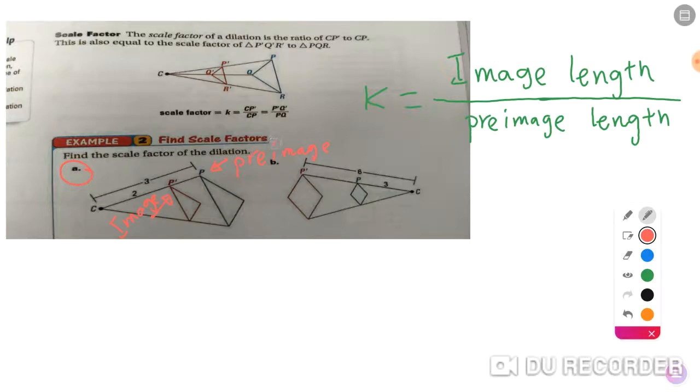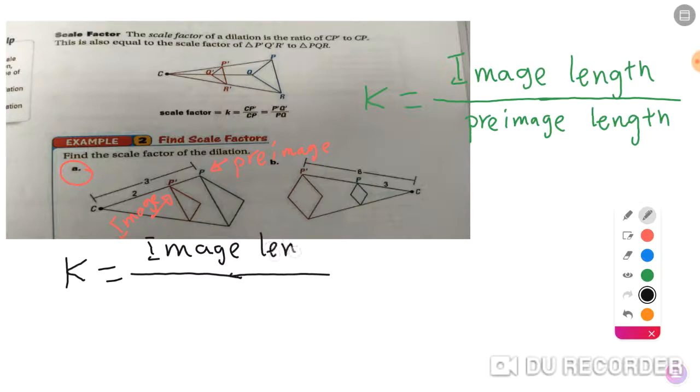So in order to find the scale factor, first of all, I need to set the rule. I will say scale factor, or K, simply equals image length over pre-image length.